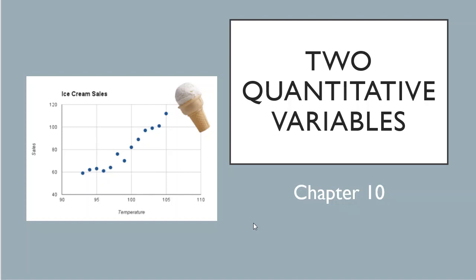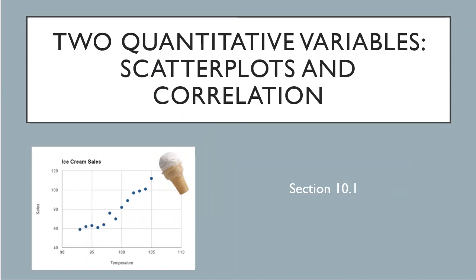That's a quantitative variable. And your GPA is the response variable. And is there a connection between those two? So in section 1, we're just looking at how do you even look at data when both variables are quantitative. And then later on in the chapter, we'll get into how to do the inference.